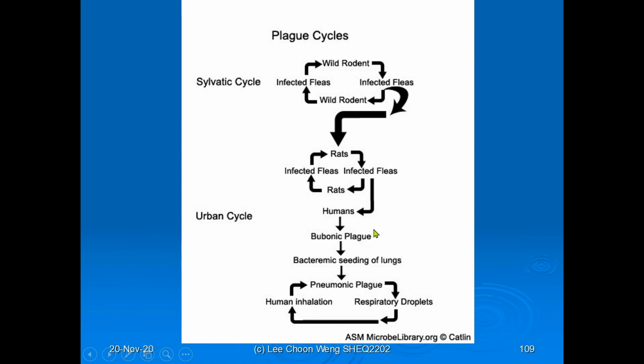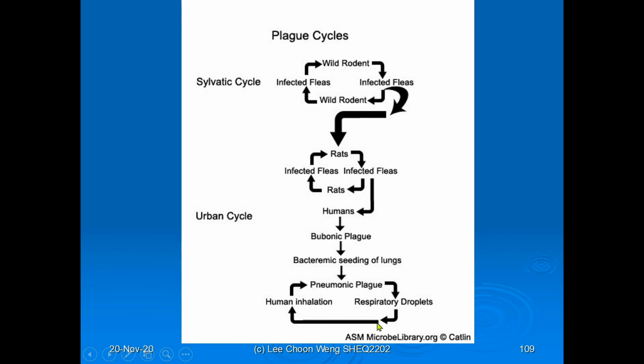At this first stage of infection, you'll have the bubonic plague. However, once it spreads to other organs, especially the lungs, you'll have bacteremic seeding of the lungs, where cough and respiratory droplets all contain bacteria.